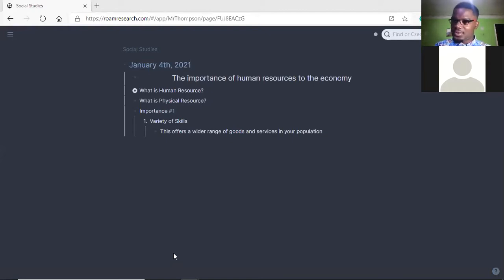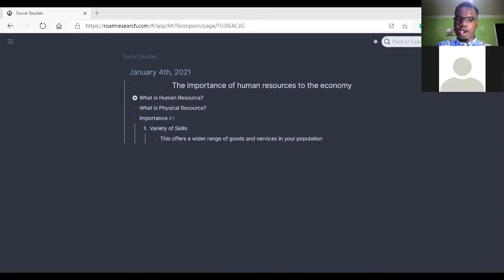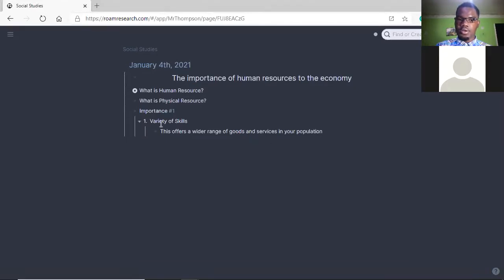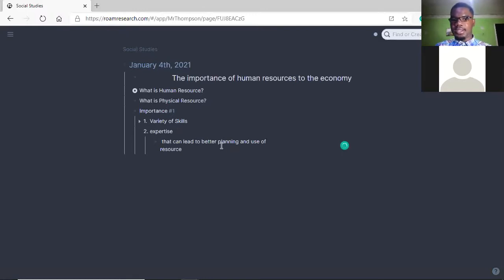Obviously, the scientists who have been studying the principle of conservation of energy and resources. So expertise can lead to better use of resources for a country. Expertise, we're going to say that leads to better planning and use of resources for our country. Have that?